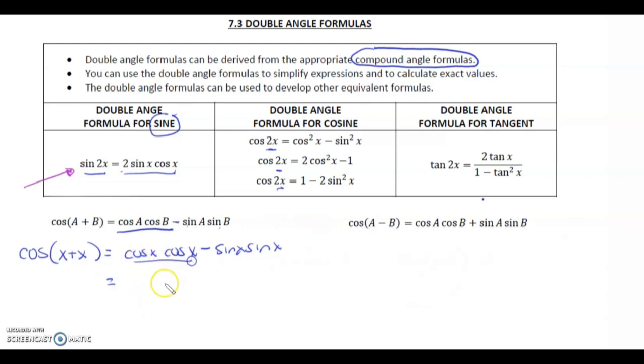Cos times cos is just cos squared x. Sine times sine is just sine squared x. So this is cos of 2x, obviously x plus x. After doing the expansion with the compound angle formulas, we get this first equation here.